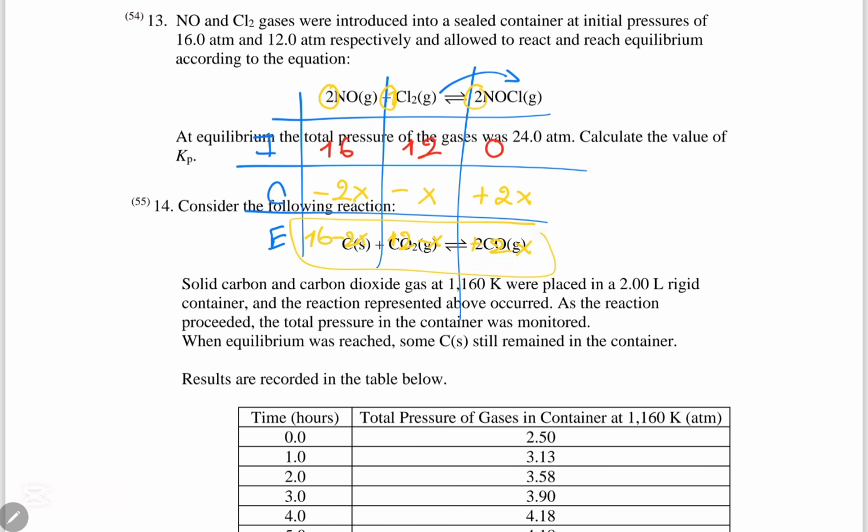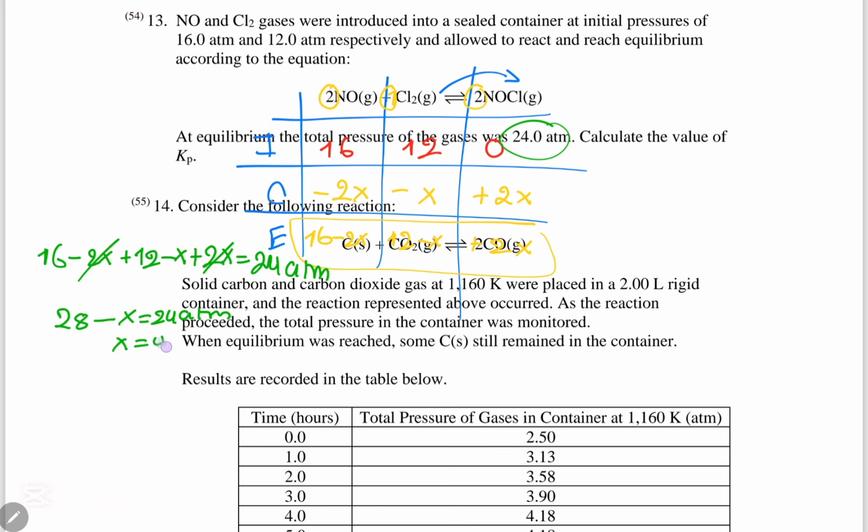Now, this is at equilibrium, the total pressure of all of the gases. Let's find the value of x to find the pressure of each gas, okay? So that would mean 16 minus 2x, plus 12 minus x, plus 2x is equal to the total pressure, which is 24 atmospheres. Minus 2x plus 2x disappears. 16 plus 12, that's 28. 28 minus x is equal to 24 atmospheres.